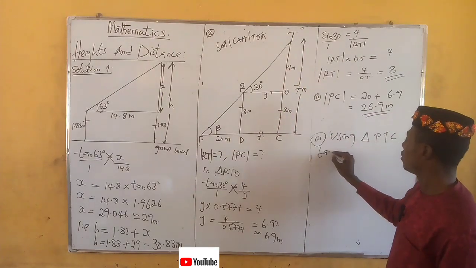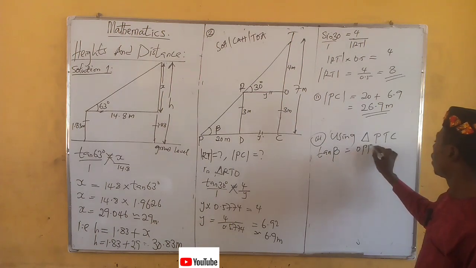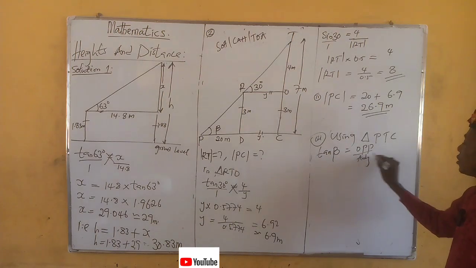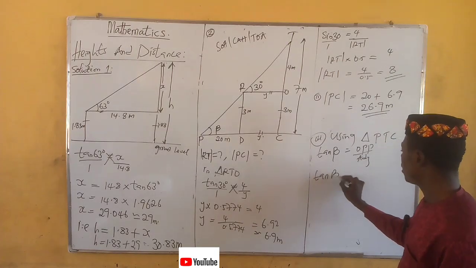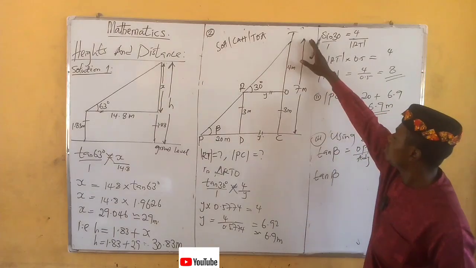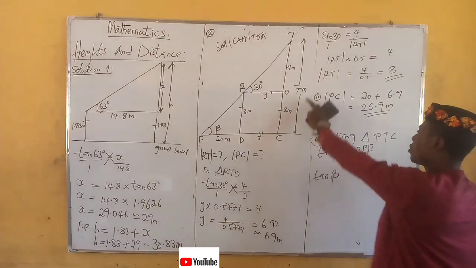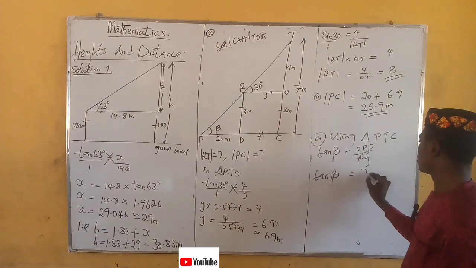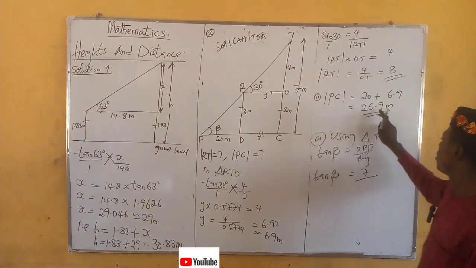So tan beta will be opposite all over adjacent. Because we are looking for this angle, the opposite is TC, and TC is 7. So this is going to be 7 all over the adjacent, which is PC, and our PC is 26.9.